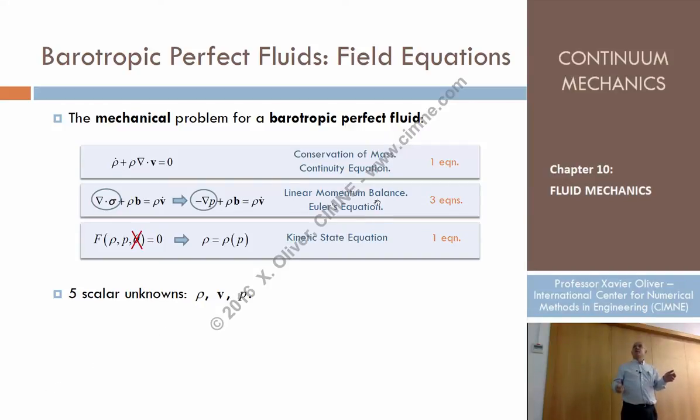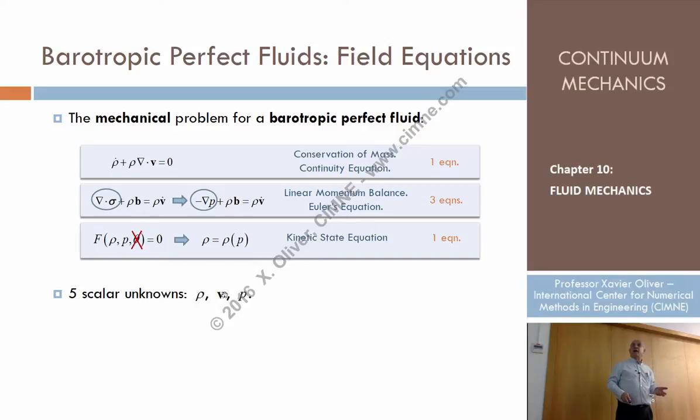It's just a problem that can be solved, the mechanical part of the problem, since barotropic, as we already commented, allows separating the mechanical part from the energetic and thermal part. The mechanical part is what we are interested in: density, velocity, stresses, that is, pressure.